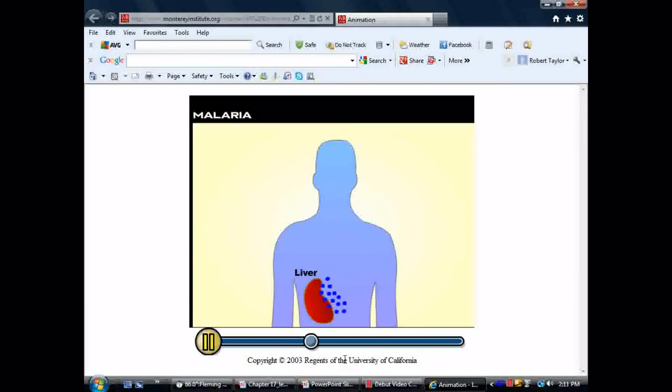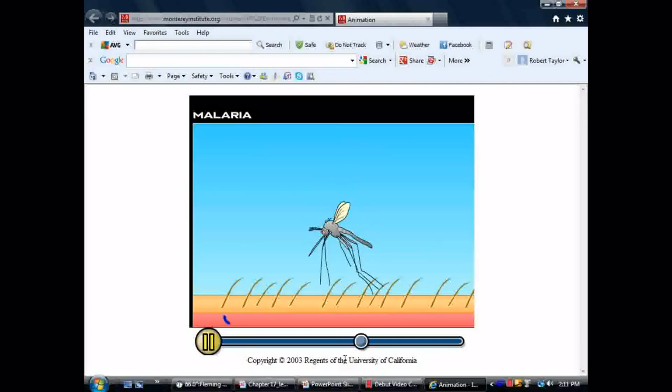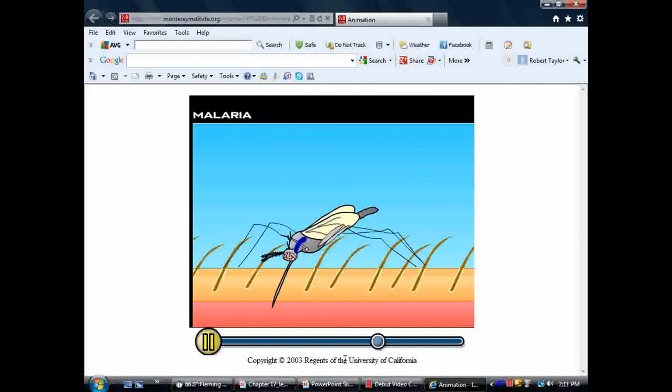They then re-enter the bloodstream. In the bloodstream, the new parasites infect red blood cells and reproduce into two forms. The cell eventually bursts, releasing the new parasites. One form of the parasite continues to infect more blood cells. The other form of the parasite is ingested by another mosquito that bites the human victim. Inside the mosquito, the parasite reproduces, and the new parasites are ready to infect another victim.